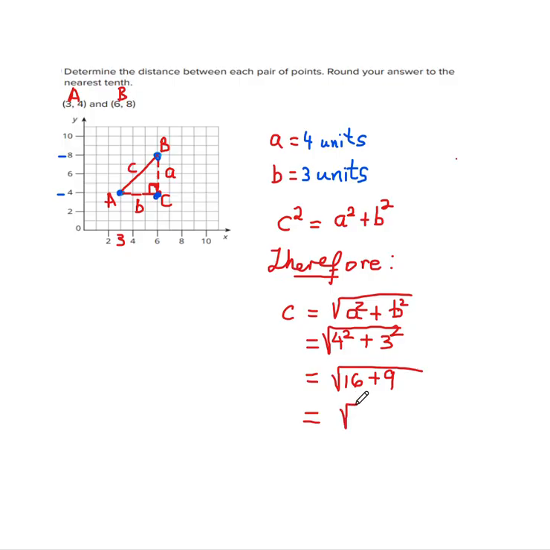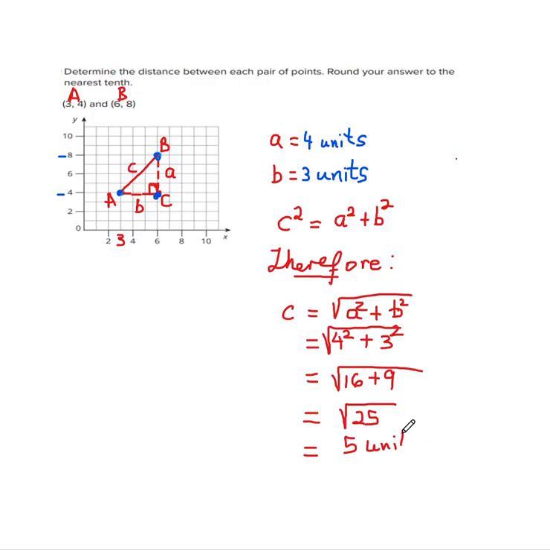Our next step is to simplify the expression under the square root, which is 16 plus 9, and 16 plus 9, of course, gives us 25. So we end up with C equal to the square root of 25, which is 5 units.